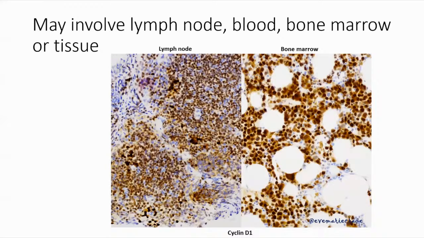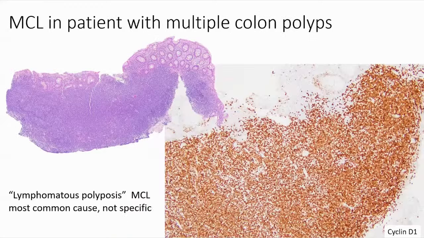They have this name, lymphomatous polyposis, which can be caused by other lymphomas, but mantle cell lymphoma is the most common one to do that. And not to be confused with lymphomatoid papulosis, which is typically CD30 positive proliferations of the skin. Lymphomatous polyposis is basically lymphoma involvement of colon polyps.